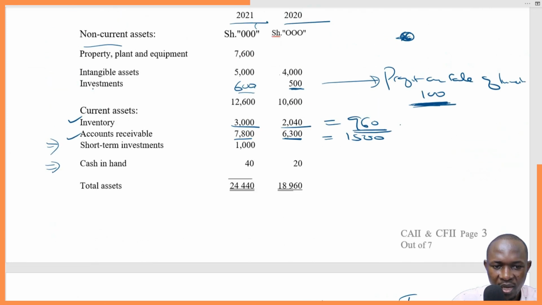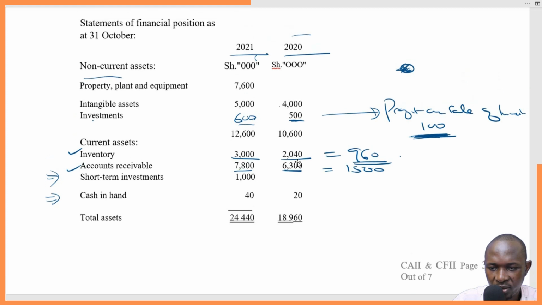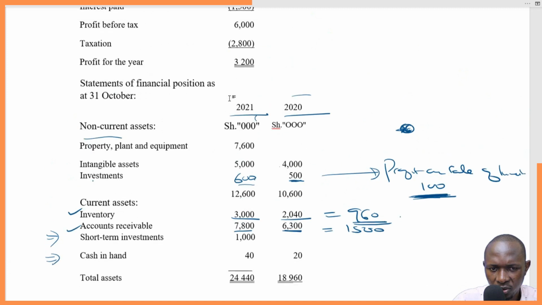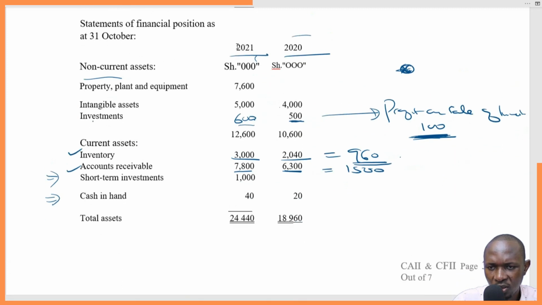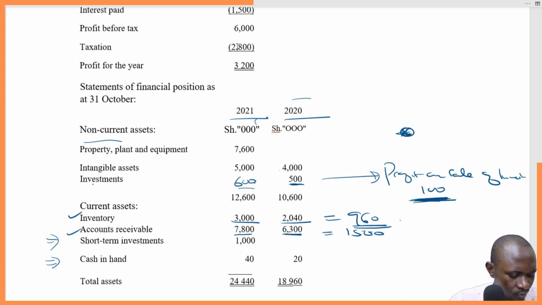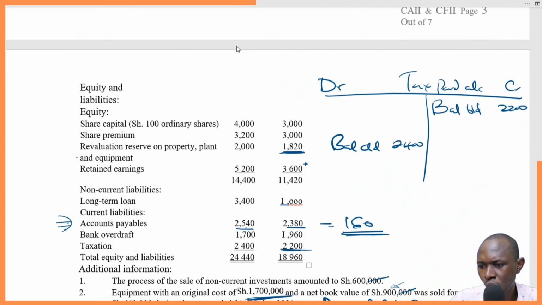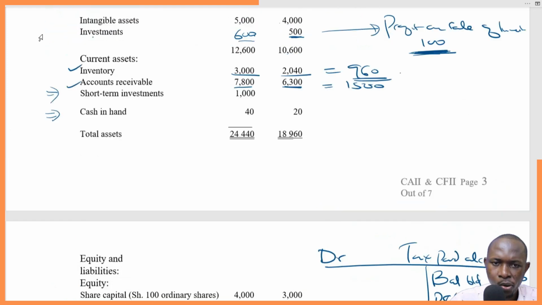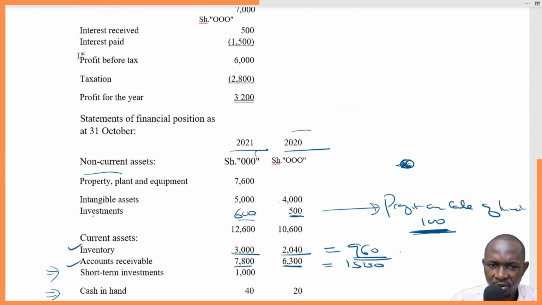Then go to the P&L. This will be on the debit side. So P&L taxation 2,800. We just pick it here.